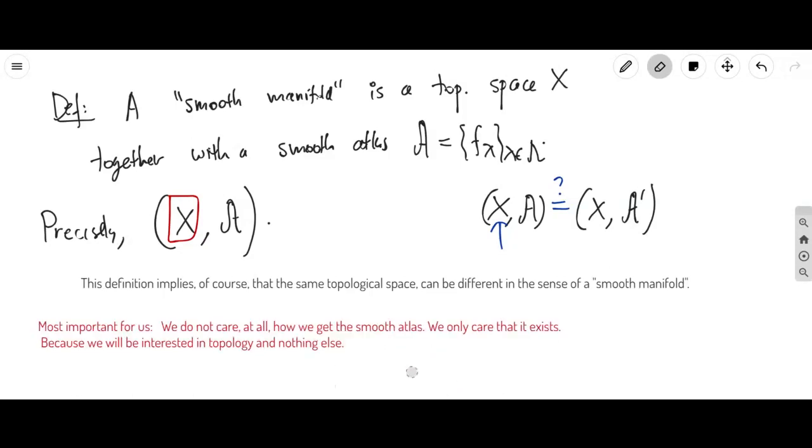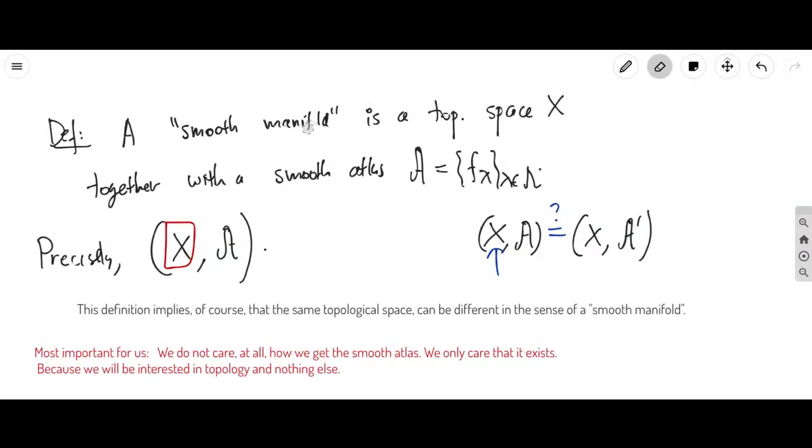So we do not care how the smooth atlas arises. Whenever we say a topological space is a smooth manifold, it means it is possible to put on it a smooth atlas. You might put on it a different smooth atlas. Maybe you can put an infinite number of different smooth atlases, but fundamentally at the end, the only thing that you care about is that you have a smooth atlas, and then you work with it.